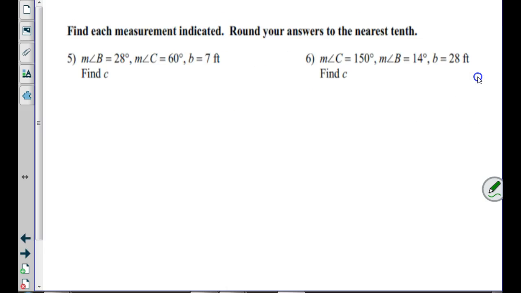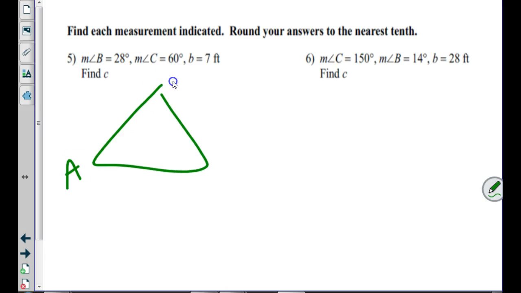Then I'm talking some kind of law, sines, cosines, and you have to decide. Number 5, remember capital letters are angles, lowercase across from them are sides. This is 60 degrees. B is 28 degrees. I think I can just do law of sines because they're already across from each other, right?